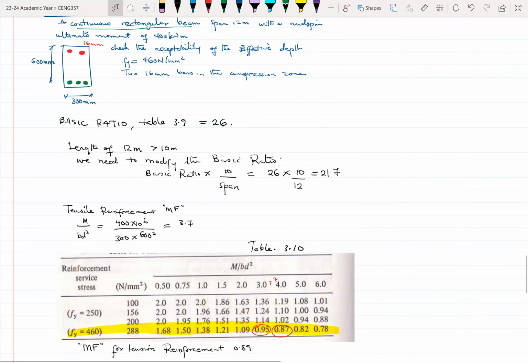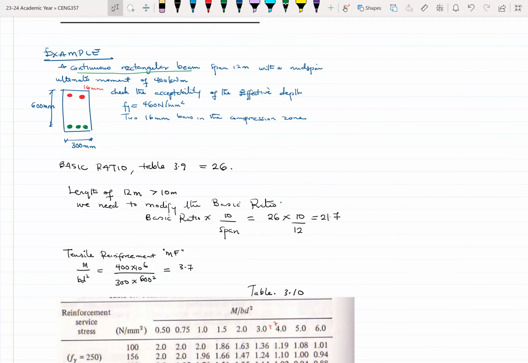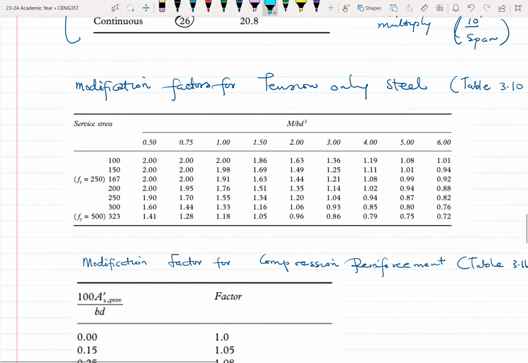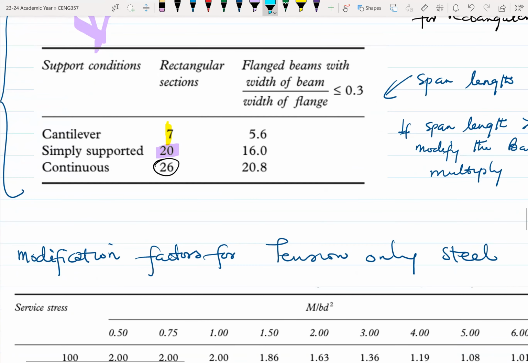Here, if you go to table 3.9, since we are looking at a continuous beam, our ratio is 26. It's a rectangular section; if it were a flanged section, the ratios would change.